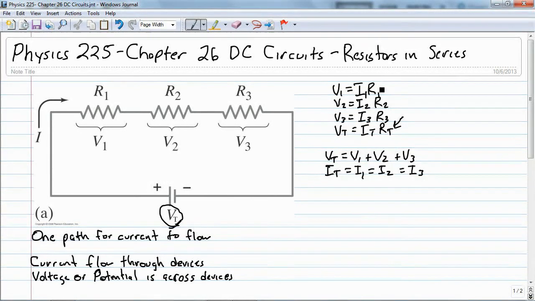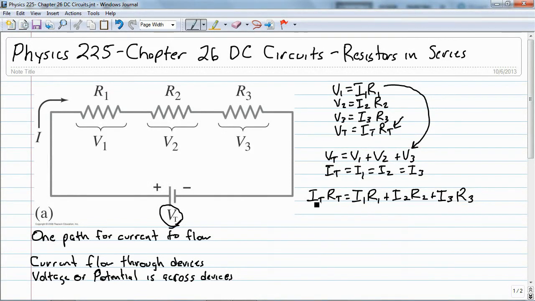So let's take our Ohm's law relationships and plug them into our voltage relationship. So I will have IT RT is equal to I1 R1 plus I2 R2 plus I3 R3.